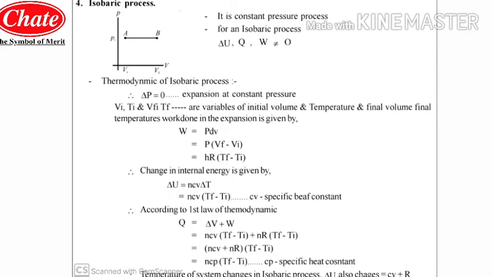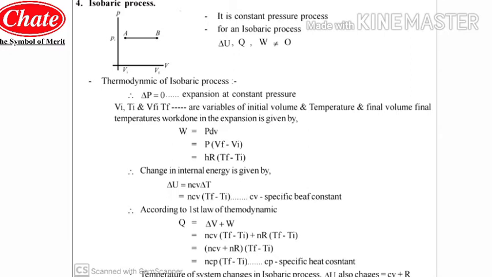The next stage is the change in internal energy, given by delta U equals nCv delta T. We can represent it as nCv delta T, which may be written as nCv into Tf minus Ti, while Cv is the specific heat constant.